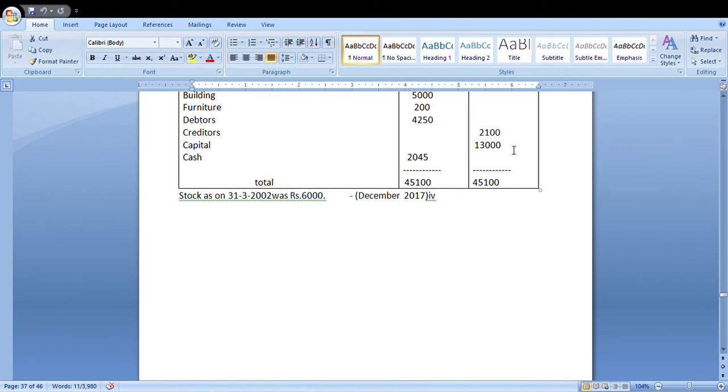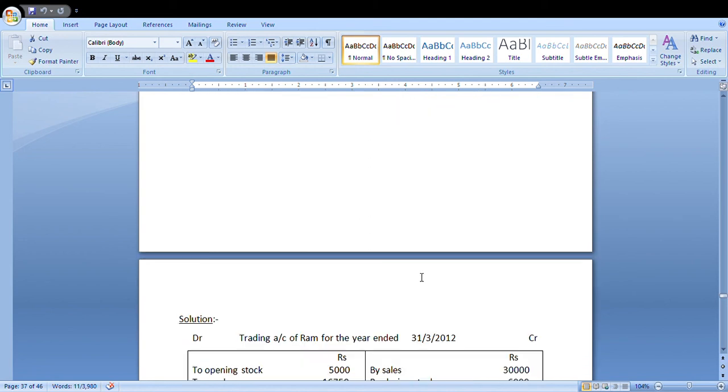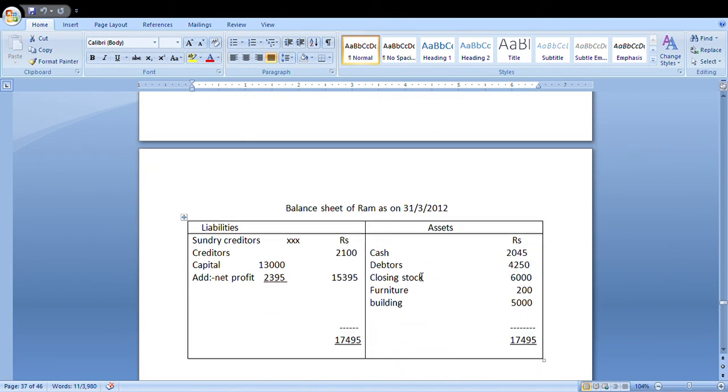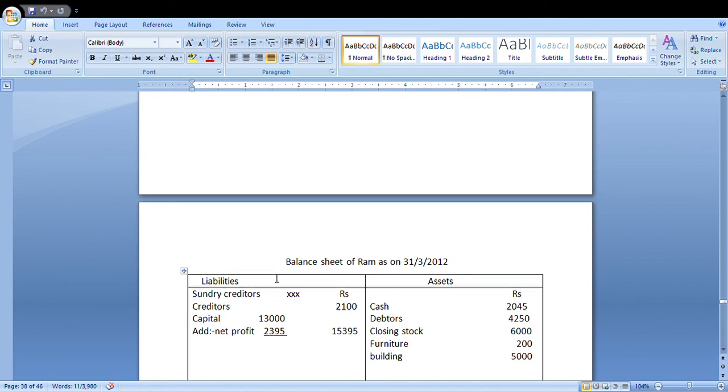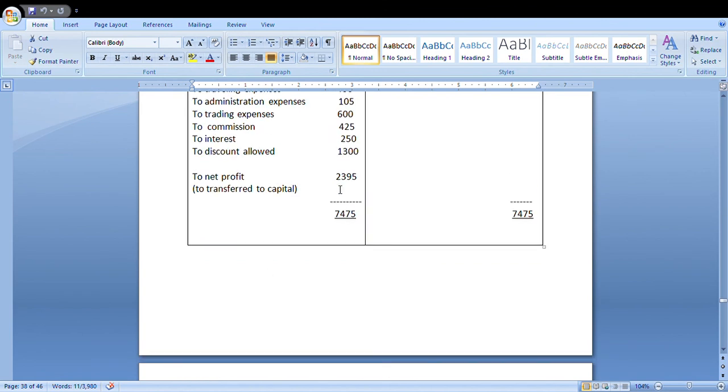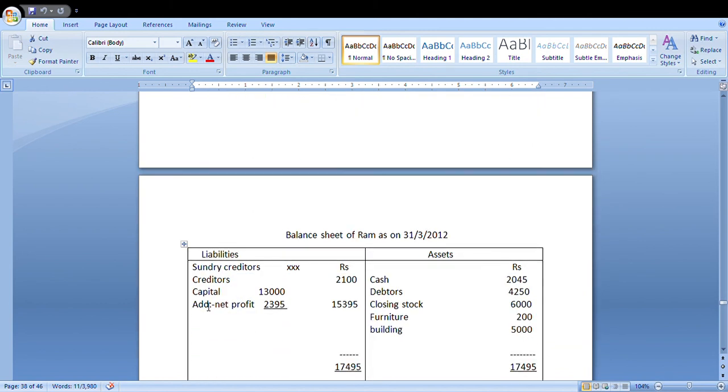It enters the balance sheet, liability side. Capital 30,000. Add the net profit to it. In this problem we calculated the net profit. This amount is added to capital. Add the net profit, and any drawings are deducted from capital. In this problem there are no drawings. Total is 15,395.